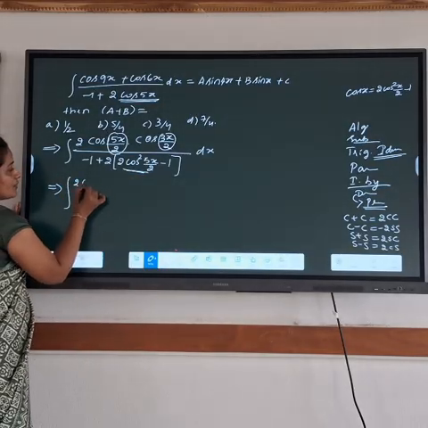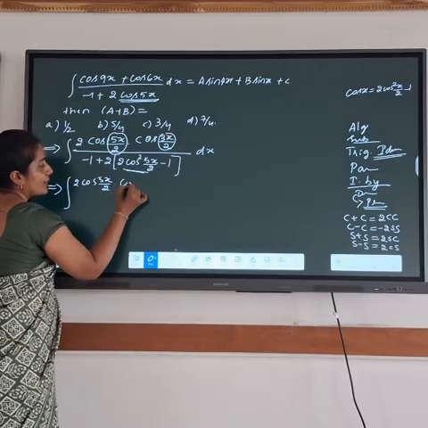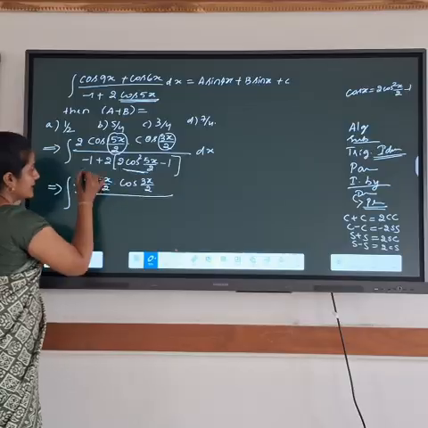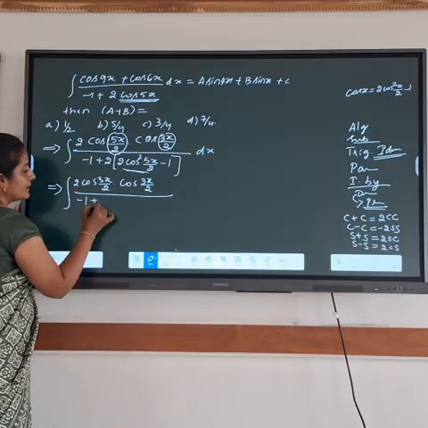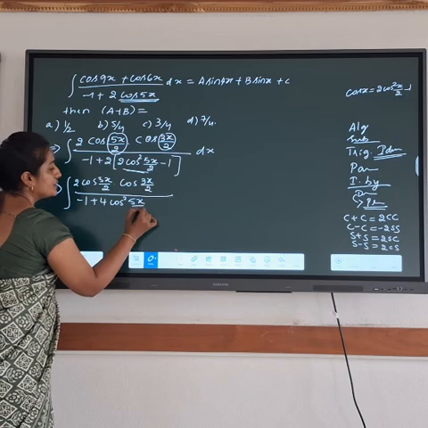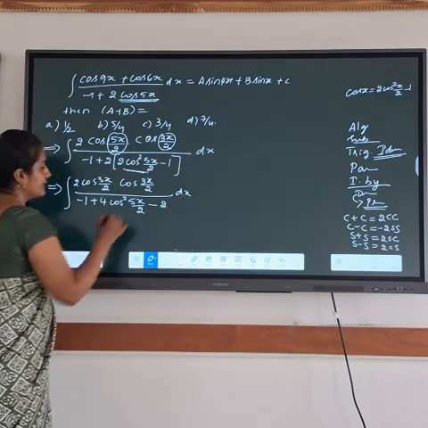That is 2 cos 5x by 2 into cos 3x by 2 divided by minus 1 plus 4 cos square 5x by 2 minus 2, ones are 2, into dx.